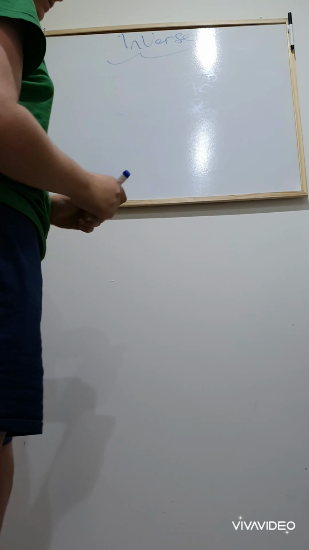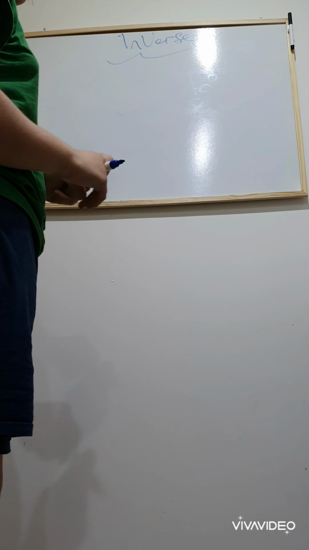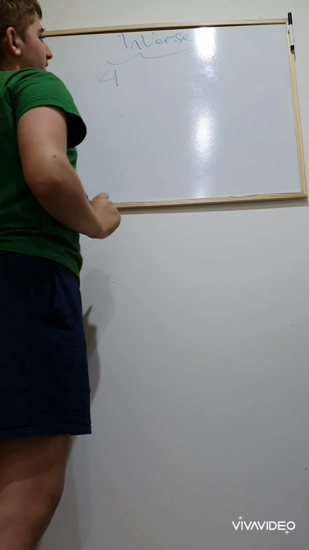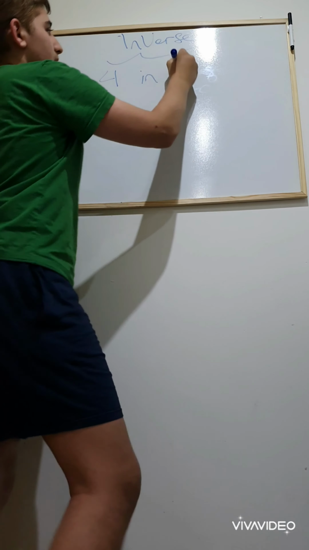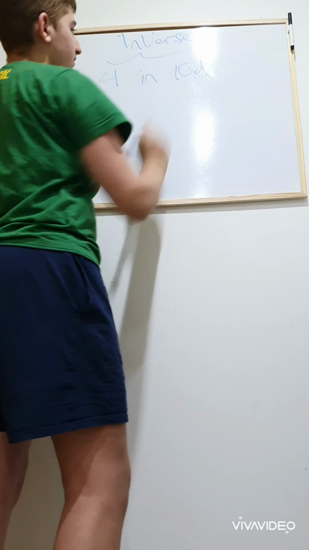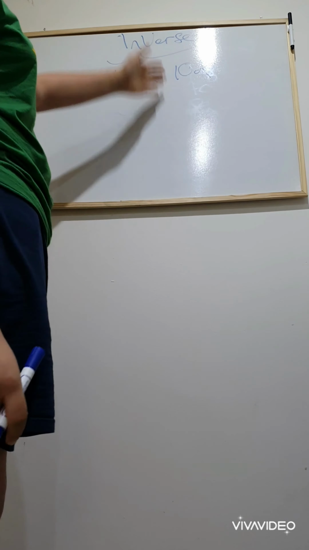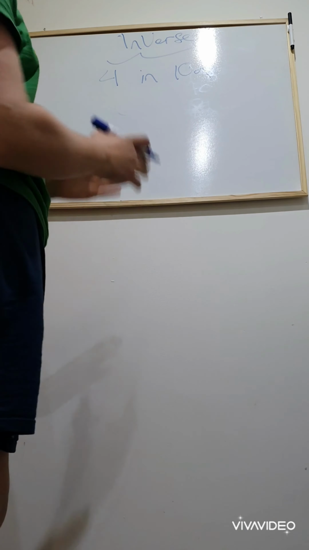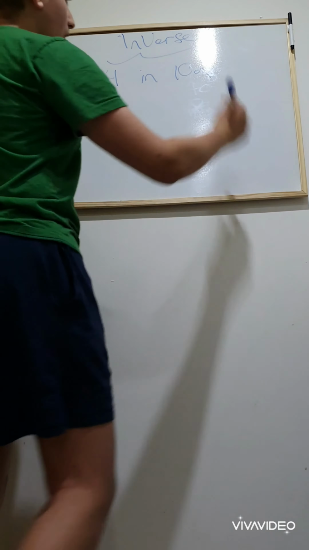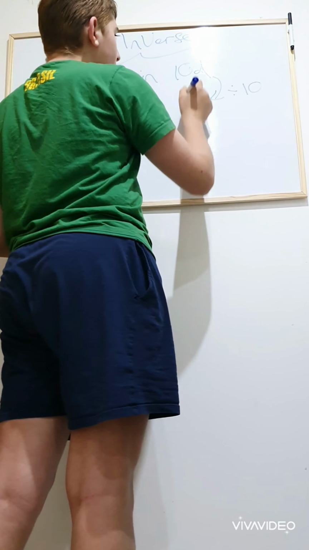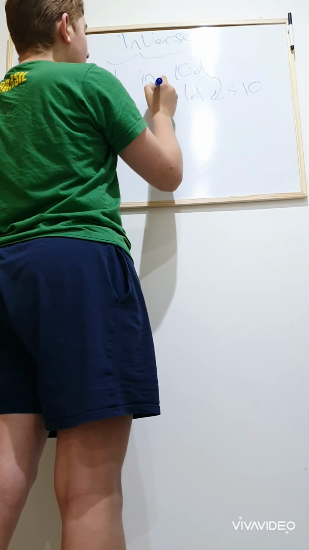Okay, so four bricklayers in 10 days. Like we said, we want to get the days to one value. So we divide it by 10 to get 1 day because we want one value, right? So that's 1 day.